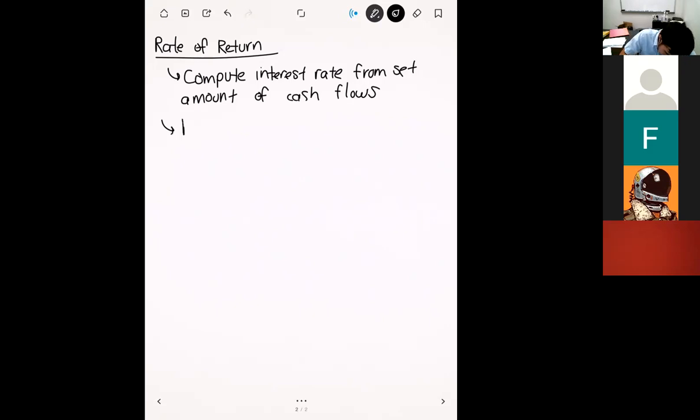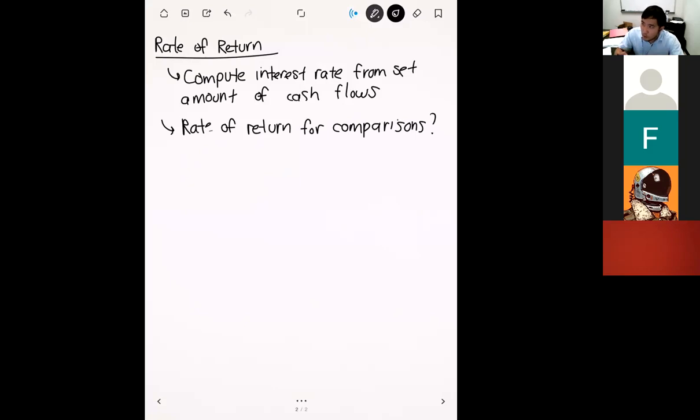Because we've been using present worth analysis and annual cash flow analysis to make decisions on which option we should go with, whether a certain option with a certain amount of cash flow, or another option with another set of cash flows, right?